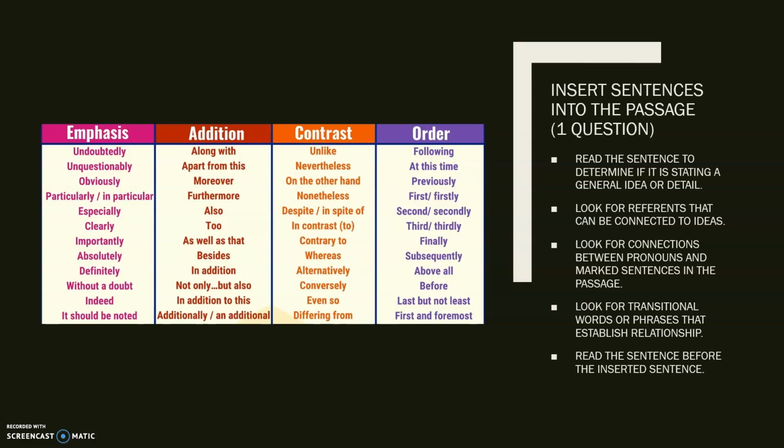Look for transitional words or phrases that establish a relationship, like emphasis, addition, contrast, order. We have the small chart in here, and we can identify these words in order to look for transitional words that establish a relationship. And also read the sentence before the inserted sentence.